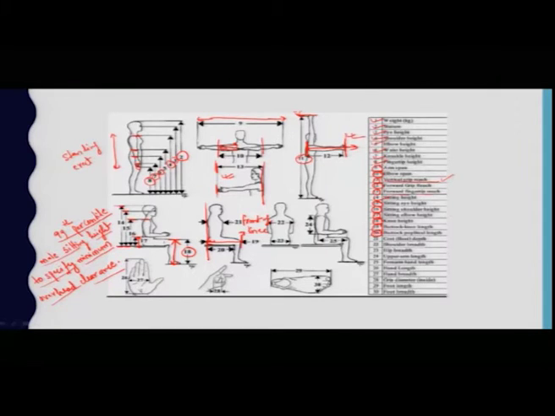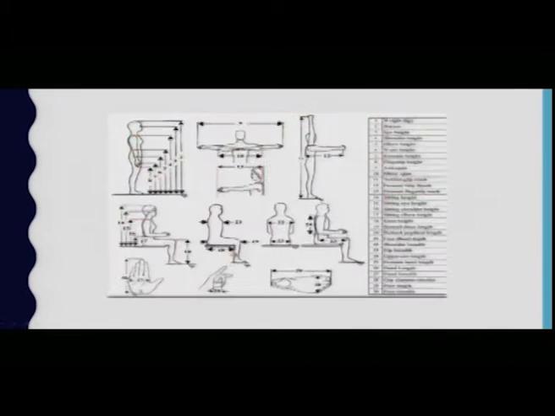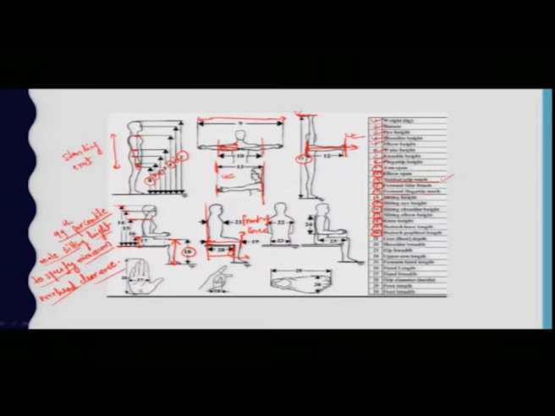Popliteal is basically the lower portion of your leg. So, it is the horizontal distance from the wall to the underside of the knee. This particular portion is the underside of the knee. This horizontal distance from the wall to the underside of the knee is known as buttock popliteal length.